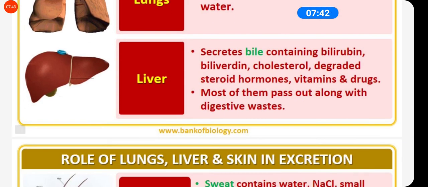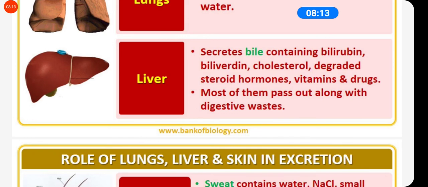Liver. The liver secretes bile containing bilirubin, biliverdin, cholesterol, degraded steroid hormones, vitamins and drugs. Most of them pass out along with digestive wastes. I have already discussed that when hemoglobin is decomposed, it gives bile pigments like bilirubin and biliverdin.